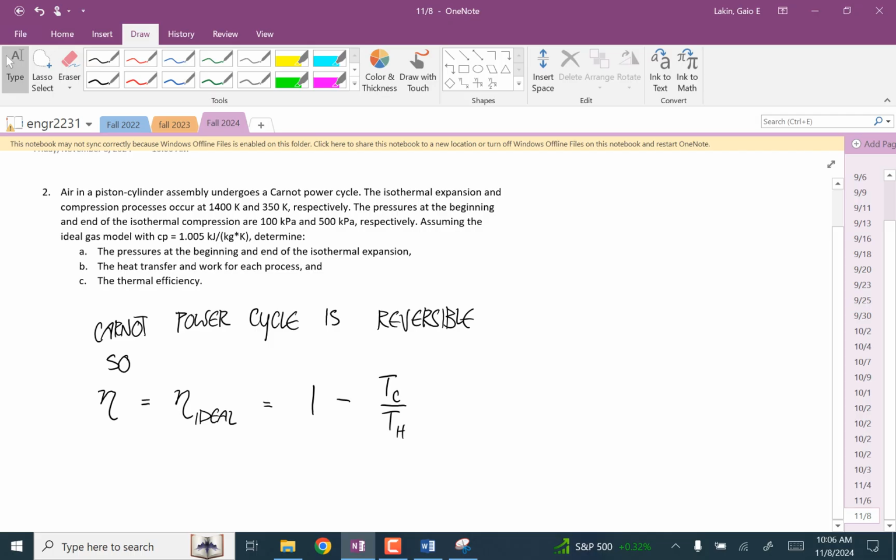Isothermal expansion and compression. So it just tells you the 2 reservoirs, and it tells you the 2 pressures.